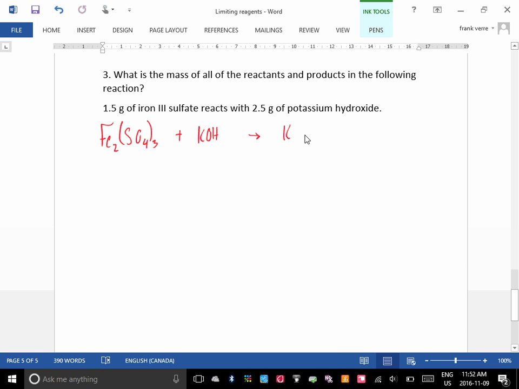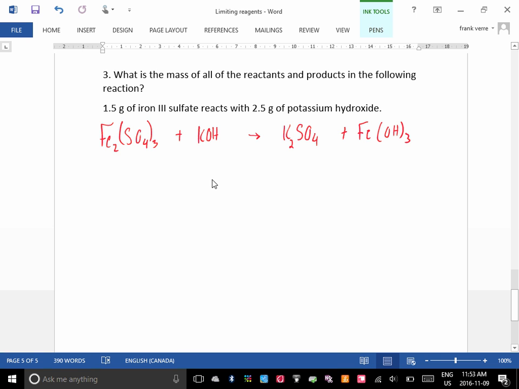potassium. What kind of reaction do you think this is going to be, by the way? Two compounds. Double displacement. So potassium sulfate and iron III hydroxide. Okay, now balance it out.